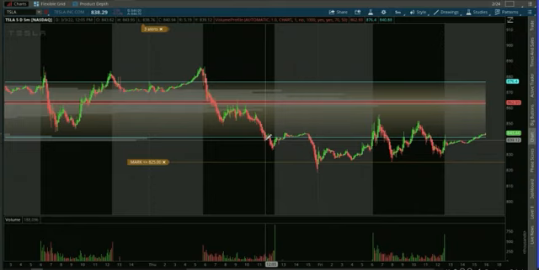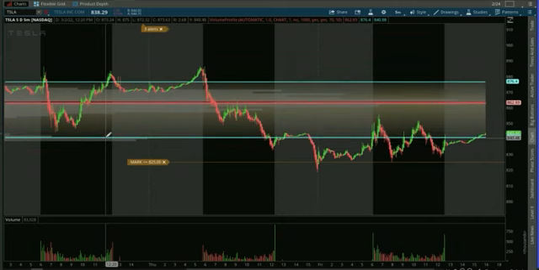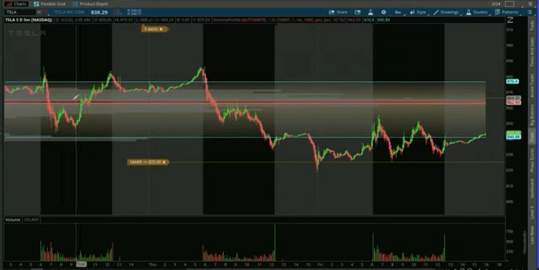So you utilize, and I want to talk about point of control, because when people talk about the volume profile, it used to kind of confuse me, because old school is support and resistance, and what the volume profile does is this is support and resistance. It's support and resistance though, and it's based on institution buying or selling.